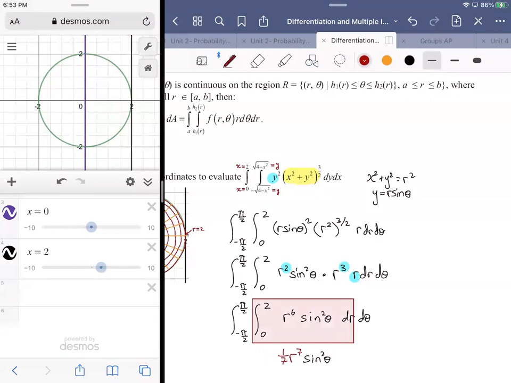That's happening over the interval of 0 to 2. So that's 128 over 7. You plug in the 0, it goes to 0. So 128 over 7 sine squared theta. Now we're integrating that over the interval of negative pi over 2 to pi over 2.